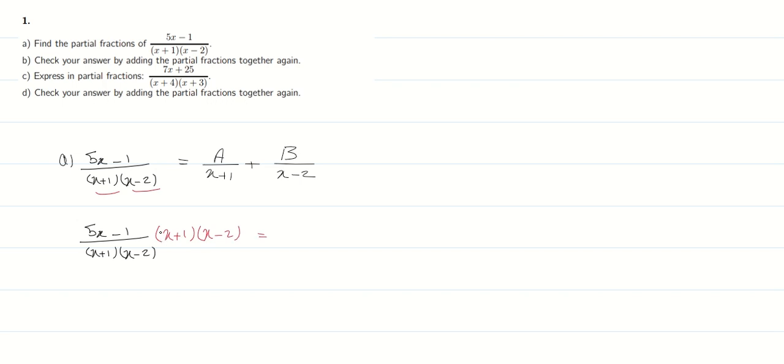We do the same thing for each of the expressions. We have A over x plus 1, multiplied again by x plus 1 times x minus 2. And on the last expression, we had B over x minus 2, which is multiplied by x plus 1 times x minus 2.